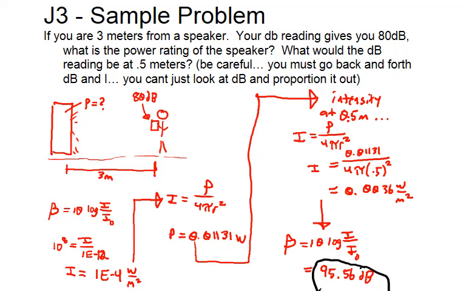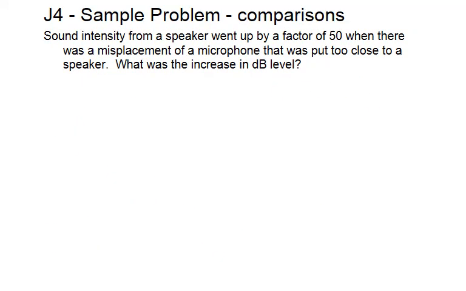So originally we had 80 decibels, and then at 0.5 meters, it only went up a little bit, to 95. Now the intensity of the sound is different, right? So 0.5 versus the other. So let's go ahead and take a look now at this here.